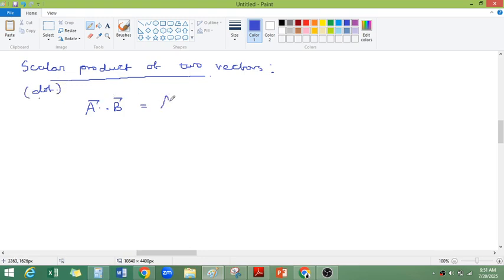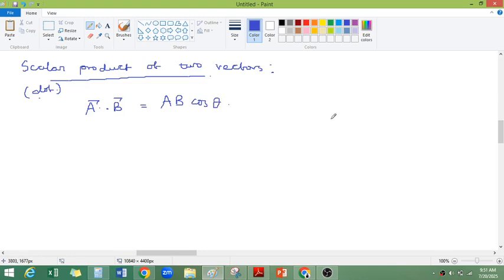So a dot b is ab cos theta. Okay, so that's the definition. Whenever this becomes 0, it means the angle is 90 degrees, because cos 90 will become 0.